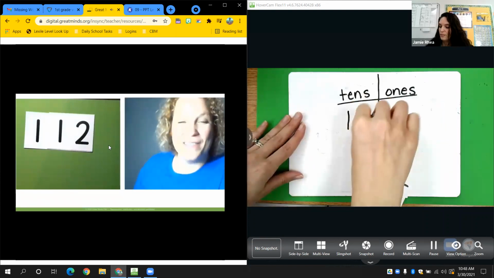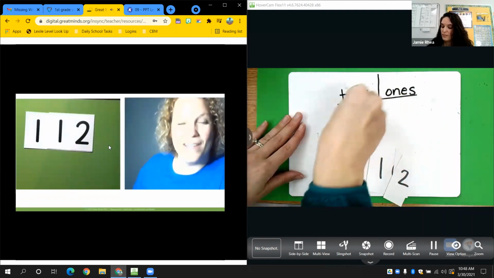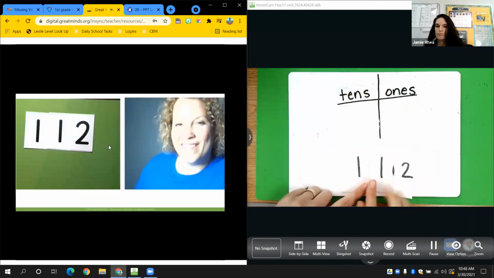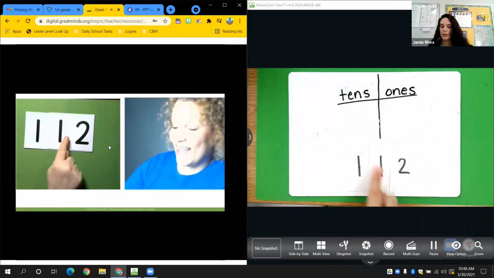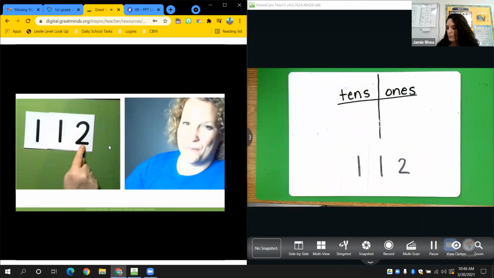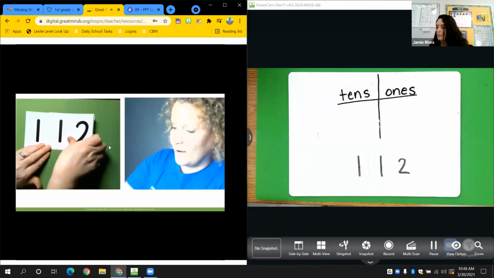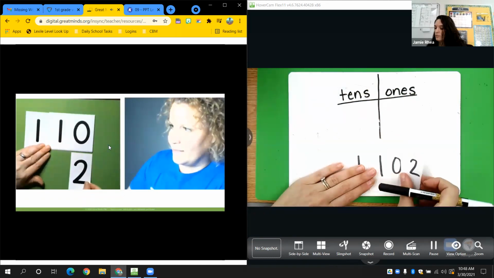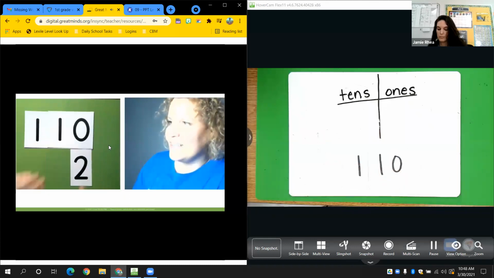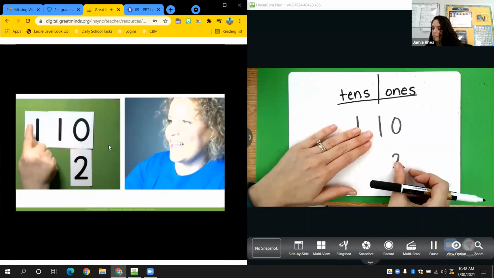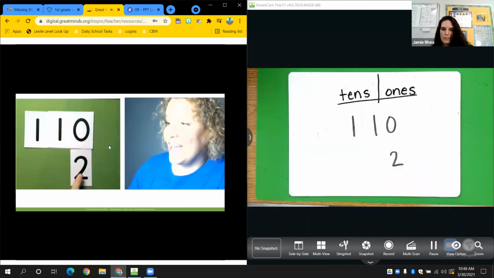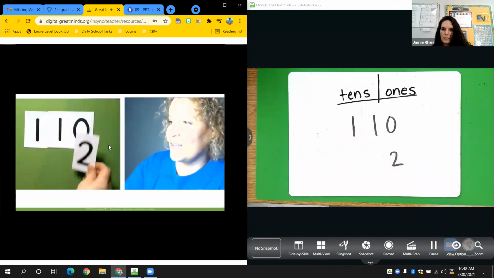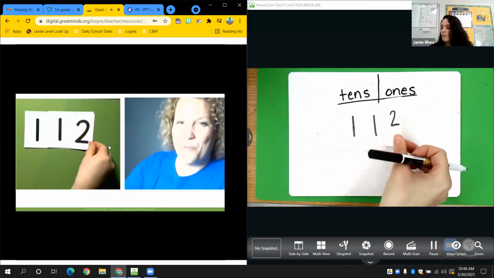Can you point to where you see the 11 tens in 112? It's in my tens. 11 tens is right here. And here's the extra 2. If I pull apart my hide zero cards, I see that 11 tens has a value of 110. And 2 more makes 112.